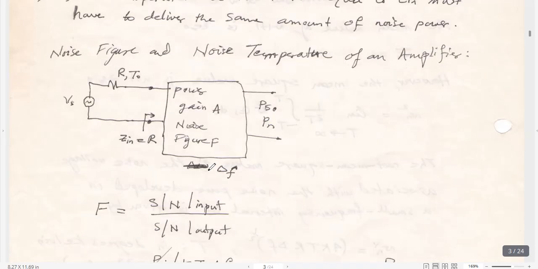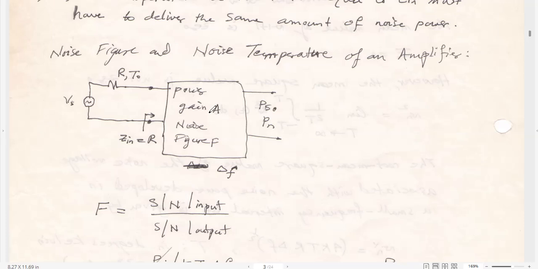Communication systems involve not only resistors, they involve amplifiers, mixers, transmission lines, antennas, etc. So we will consider these elements.